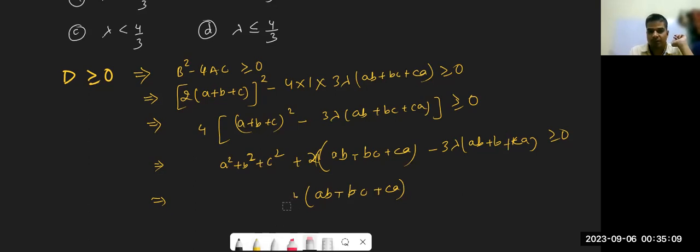We will be left with not 2 minus 3 lambda but 3 lambda minus 2. I think all of you have understood that here it will be minus.